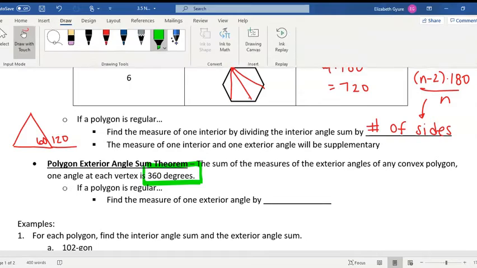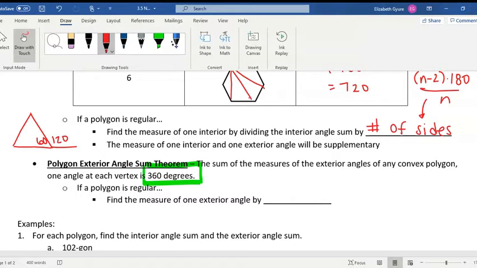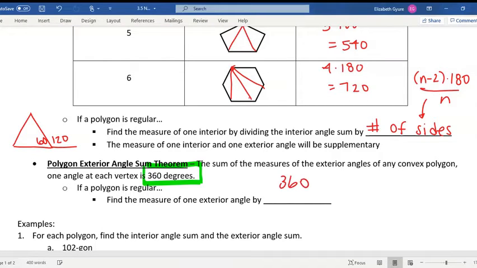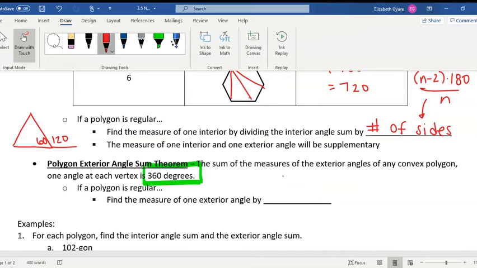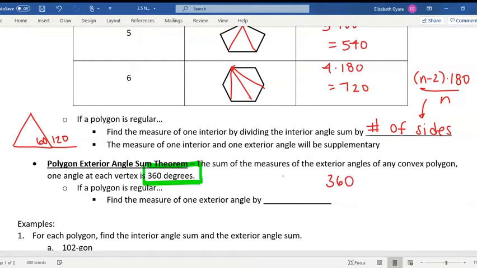So to find the measure of just one exterior angle, you would do 360, which is your sum, divided by your number of sides, which is n. It doesn't want to let me write there, so I'll do it off to the side. 360 divided by n.